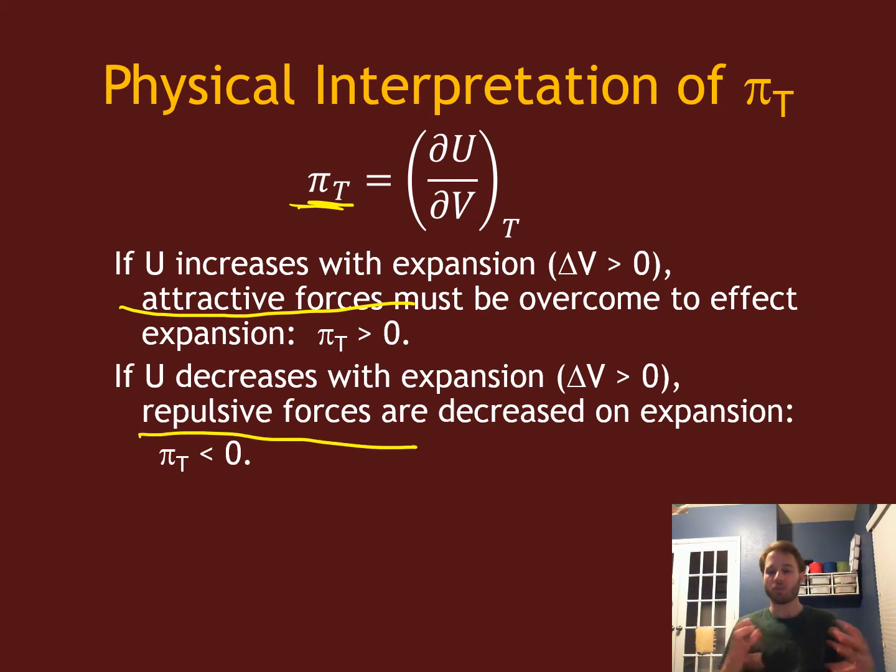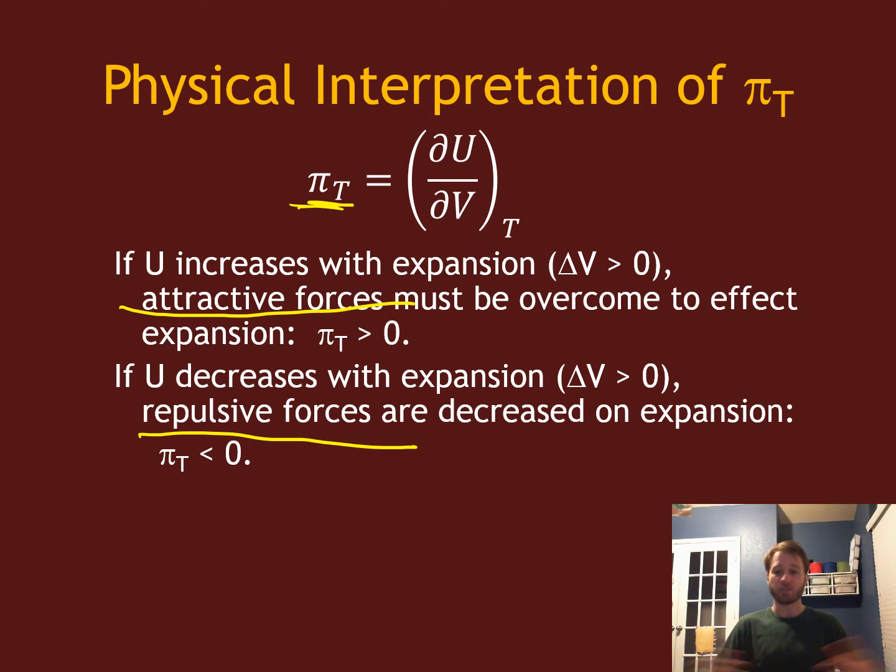Think of internal energy increasing: if I increase my volume and my internal energy increases, that means I'm having to overcome these attractive forces for this volume change to occur. But if my internal energy decreases with an increase in volume, that means I'm giving up some energy.